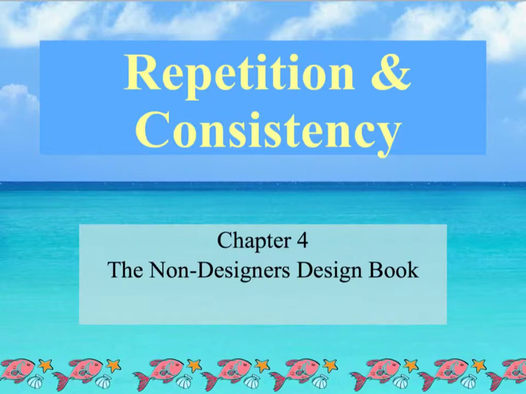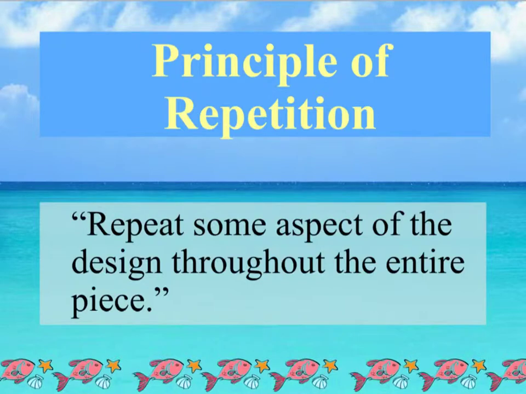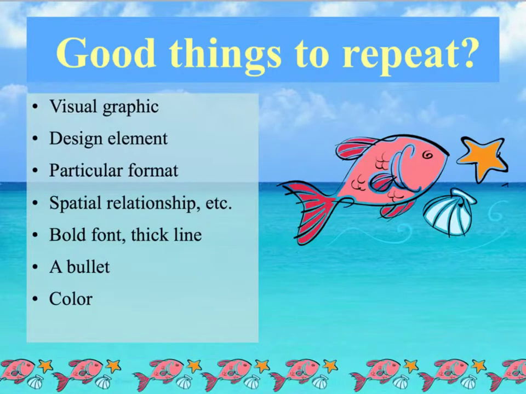Chapter 4 is all about repetition and how to use repetition to create a very cohesive and consistent piece of design. There's the definition. Repeat some aspect of the design throughout the entire piece. There's a number of things that you can repeat in your designs, but a few of the really helpful ones would be any graphics that you use.